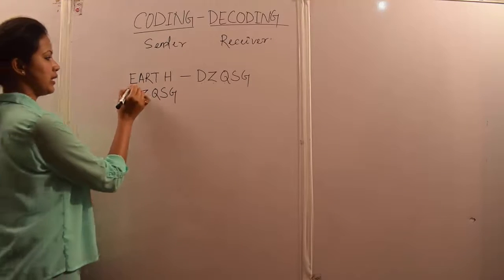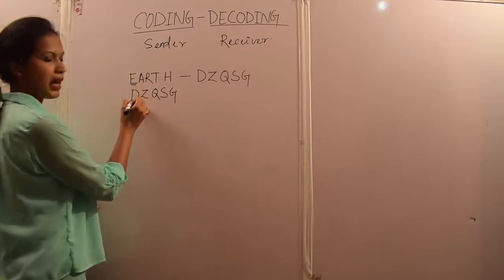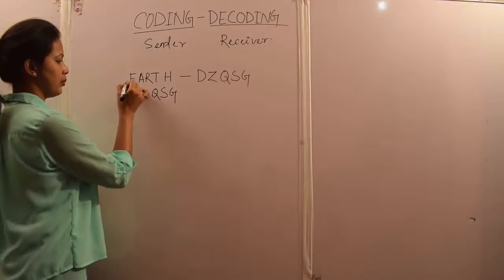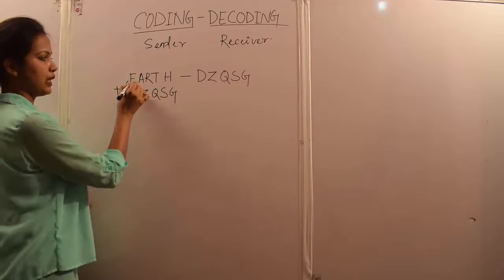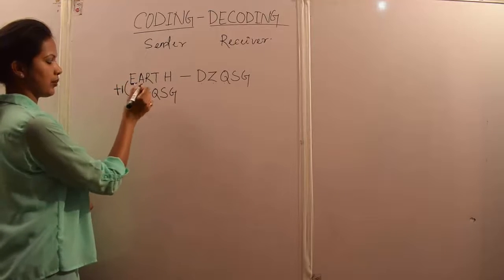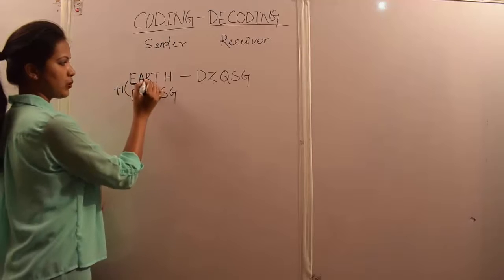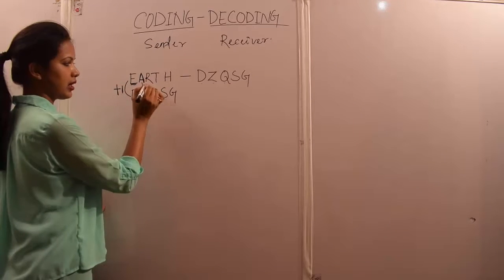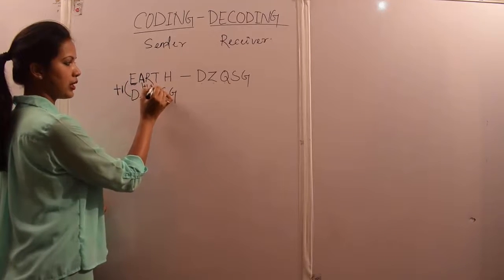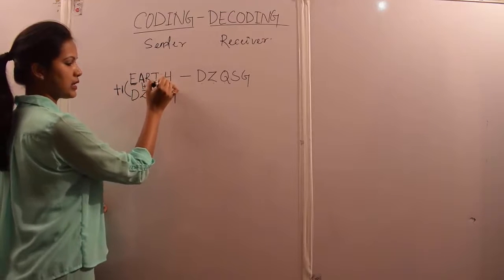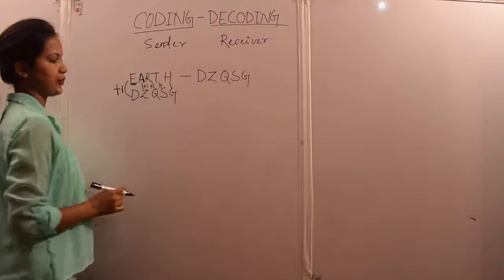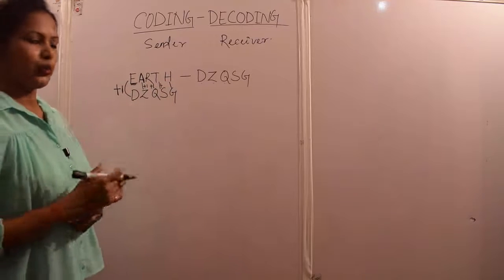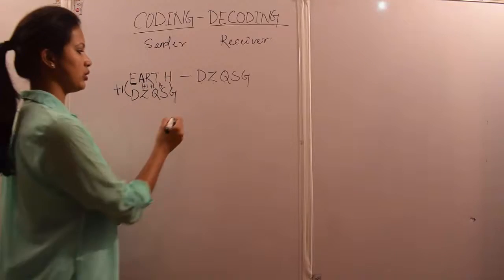Here notice that E is one step ahead of D, means D is one step below E, means plus 1. A is one step ahead of Z, R is one step ahead of Q, T is one step ahead of S, similarly H and G. According to that, we have to find out the code for heart.